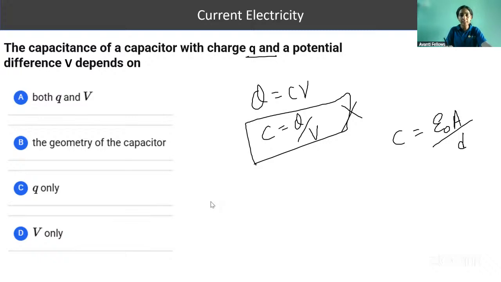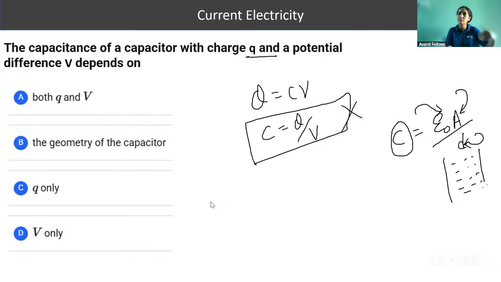But whatever be the case, capacitance depends on geometry. Here A is the area of the plate, d is the distance between the two plates, and epsilon naught indicates that these two plates are kept in vacuum, that is, this space is covered by vacuum. If it is air or a certain medium, then epsilon naught gets replaced by epsilon.